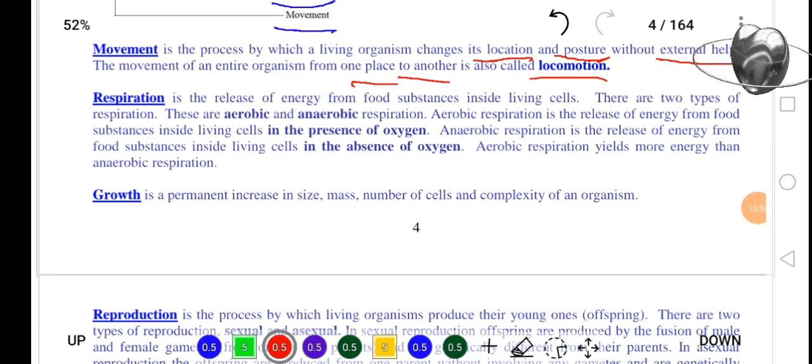But plants have no ability to change location, but they can change posture. They can move just a part. That's the reason why we don't call the movement of plants locomotion, but tropism, because only a part of a plant is able to change.